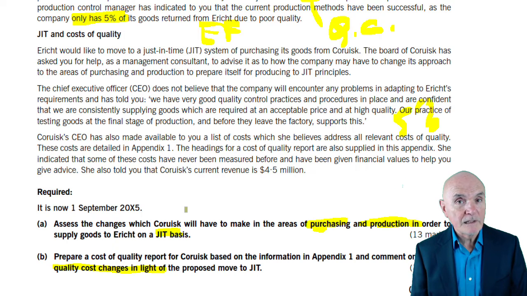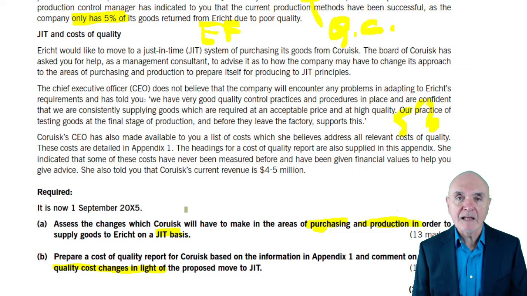So quality has to be really, really good. And I'll come back to this 5% and this business of inspecting goods only at the end, and the 5% being discovered by your single vital customer is probably not going to be tenable once you work to a just-in-time system.